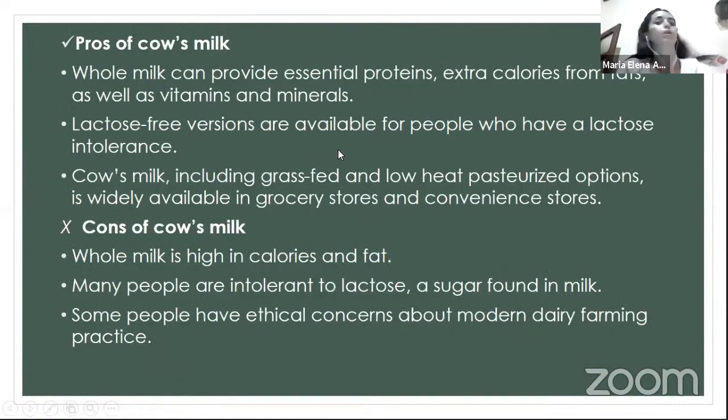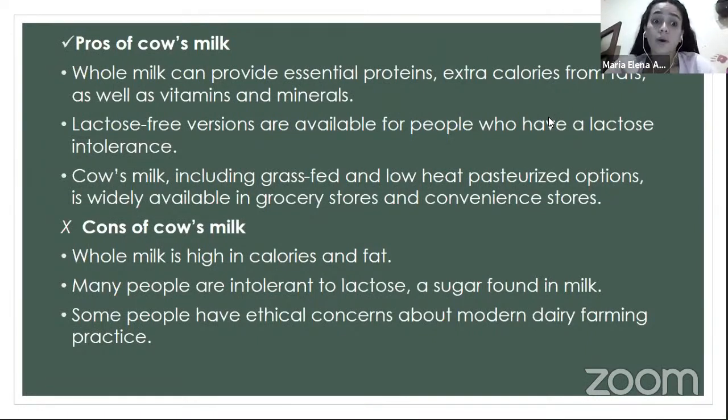Well, pros of cow milk. Whole milk can provide essential protein, extra calories from fat, as well as vitamins and minerals. Lactose-free versions are available for people who have lactose intolerance, and there are cow milk options including grass-fed and low-heat pasteurized.